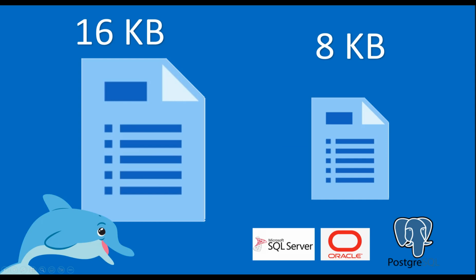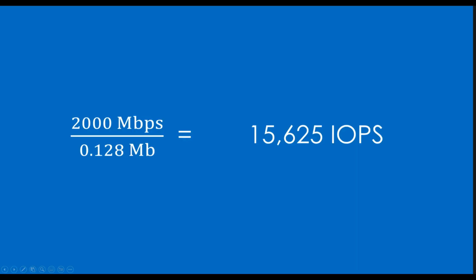So we do 2,000 divided by 0.128, and that will give us the IOPS. It turns out to be just over 15,000 IOPS: 2,000 megabits per second divided by 0.128 gives us 15,625 IOPS.